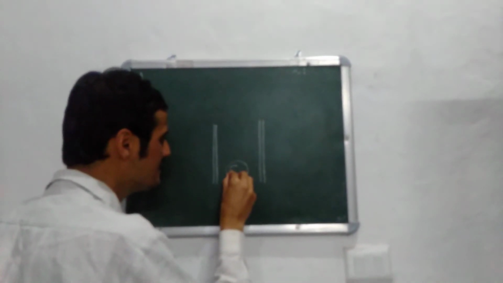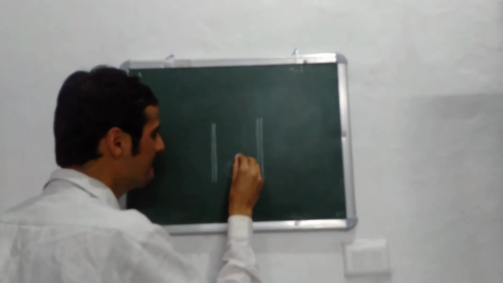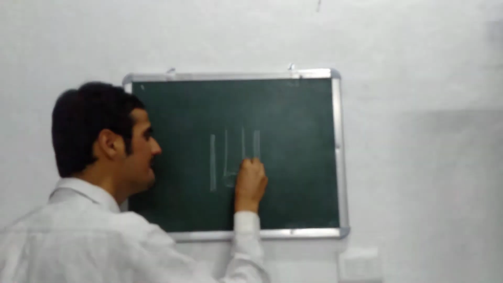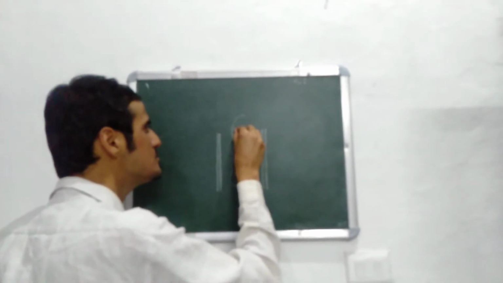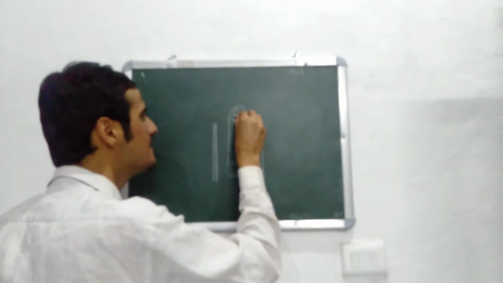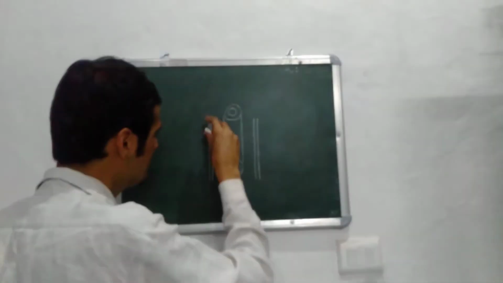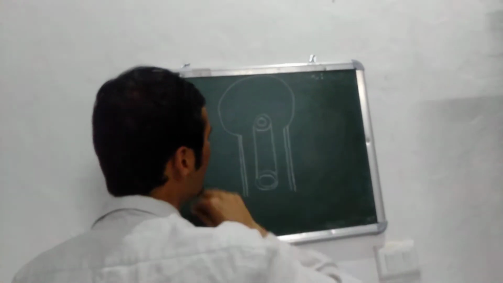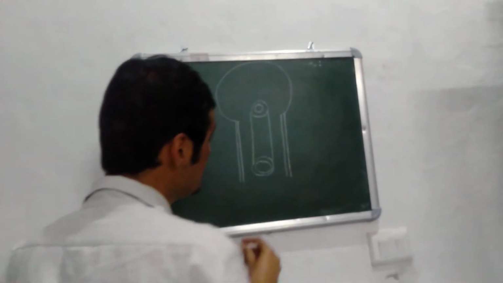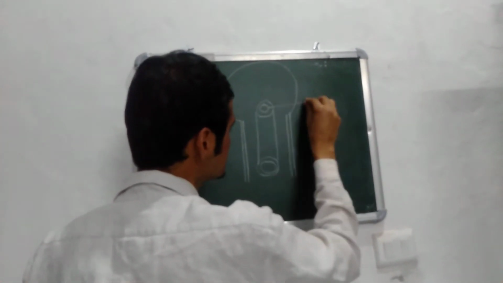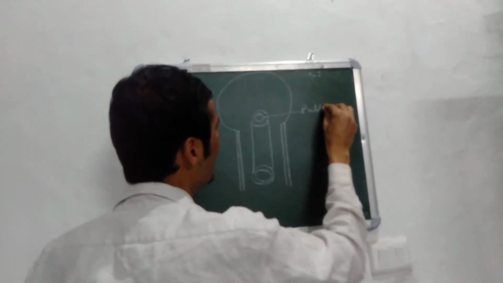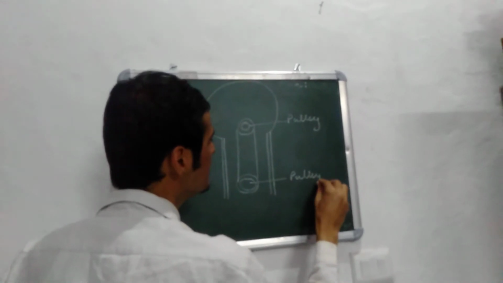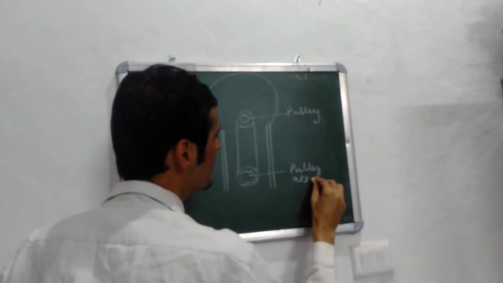This is pulley number 1, this is pulley number 2, and this is a metal sphere.